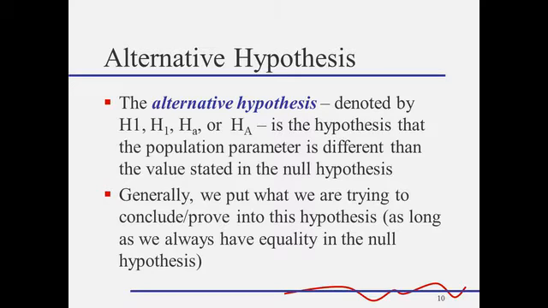Generally, we want to put what we are trying to conclude into the alternative hypothesis. Again, the idea is to give the other side the benefit of the doubt, to let the other side be correct until we can find some evidence against that claim.